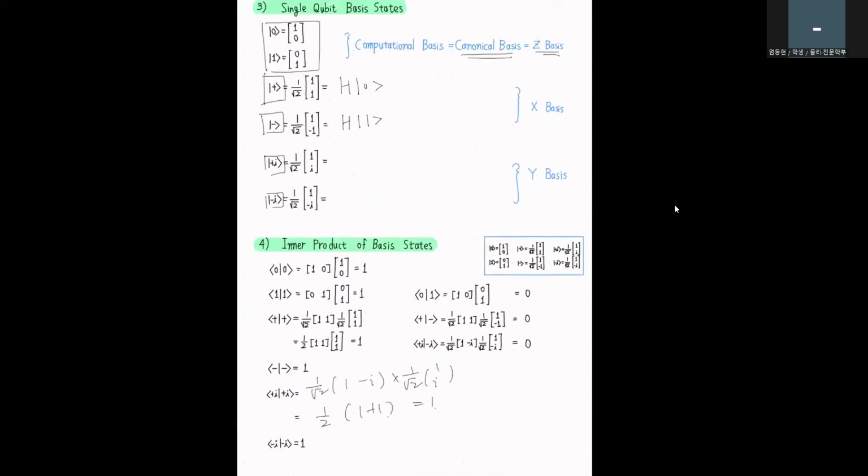Of course, this would be 1 add 1. This is 1. And this is basically the same for the one below.